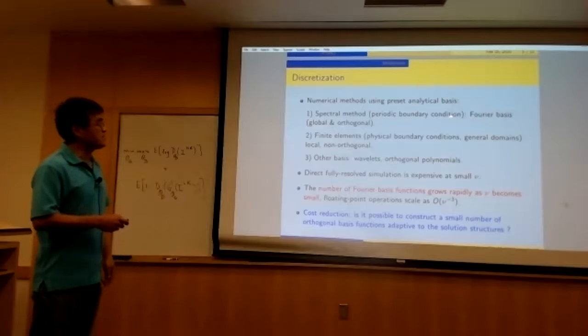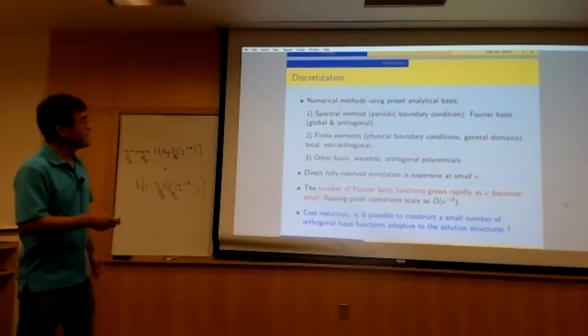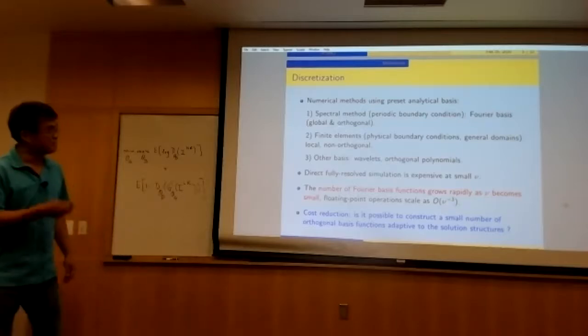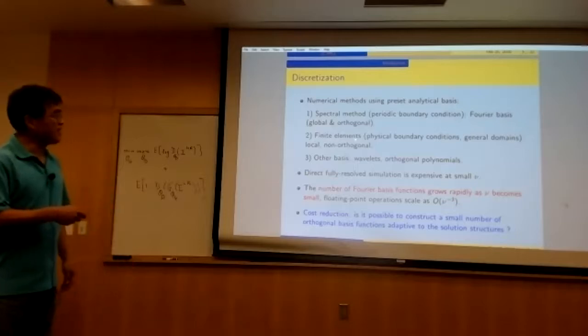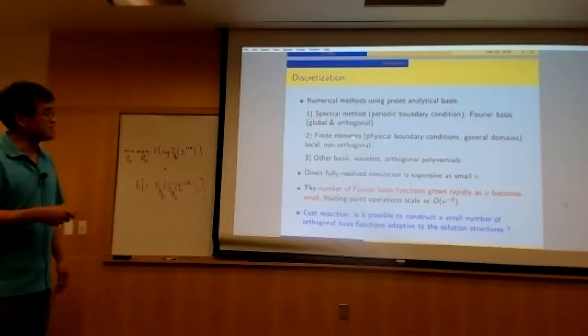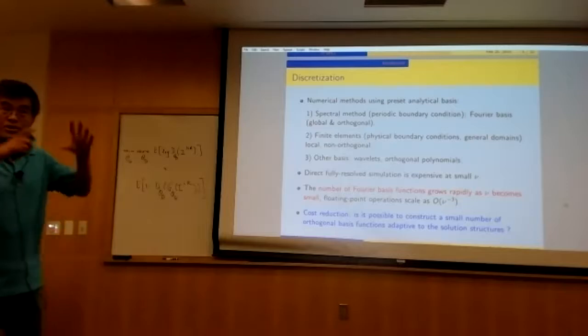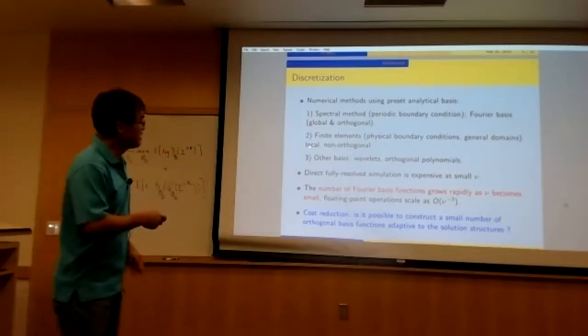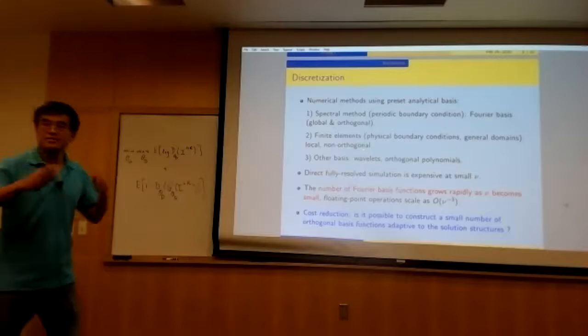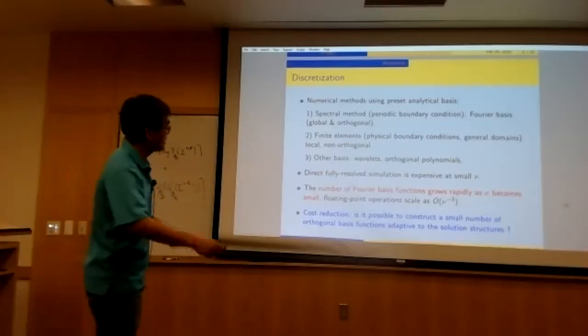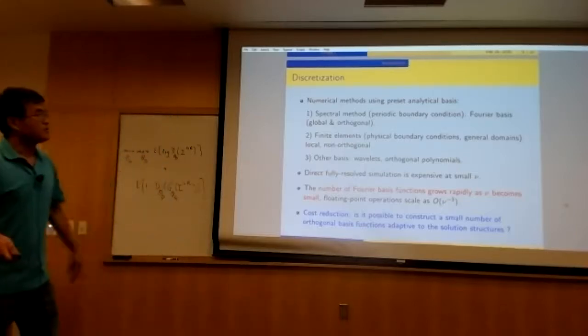Of course, it's restricted to periodic boundary conditions, and it's global and orthogonal. All right, and then in the engineering community, lots of people do finite elements. And the good thing is you can do physical boundary conditions, a more general domain, it doesn't have to be periodic. It's local, but in general, non-orthogonal. So the bases have certain overlap. Dot product not equal to 0.